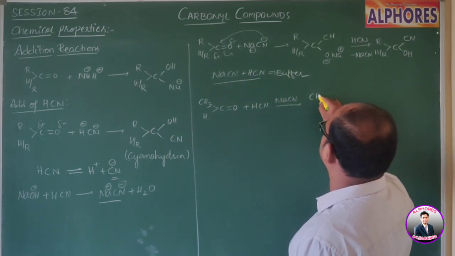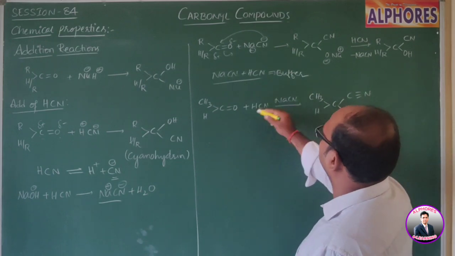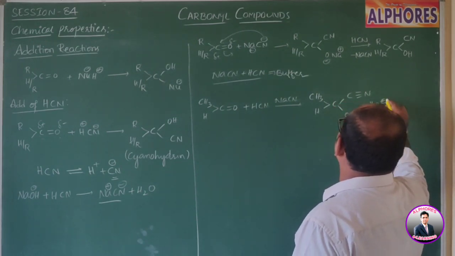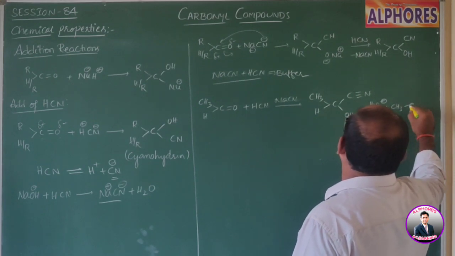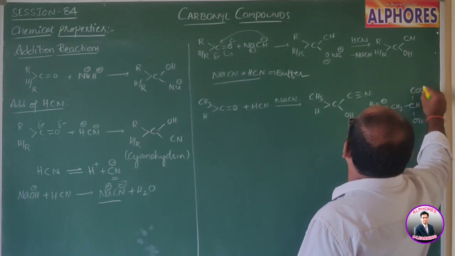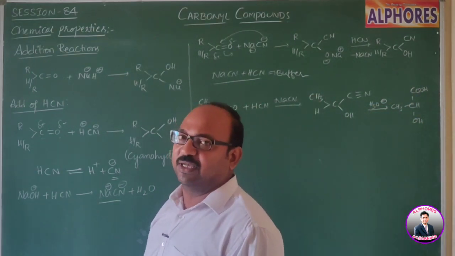Then we are expecting CH3CH, C triple bond N and here OH. This upon hydrolysis, we are getting CH3CHOH and the CN converts into COOH. Cyanides upon hydrolysis convert into carboxylic acid.